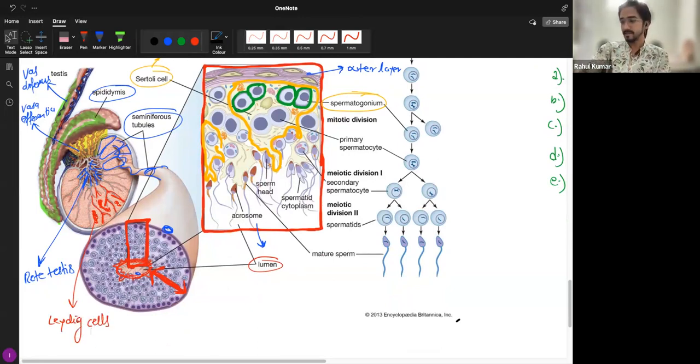Leydig cells are present outside the seminiferous tubules in the interstitial tissue of the testes. Is that clear?